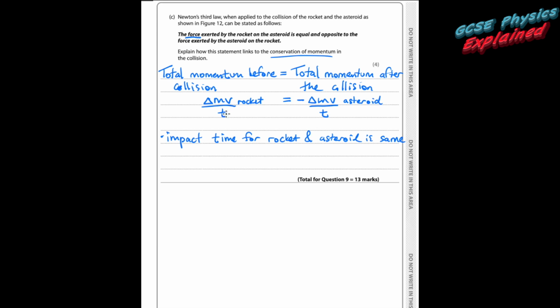So therefore we can eliminate time from the equation, and that's what they've said. Explain how this statement links to the conservation of momentum in the collision. So the change in momentum of the rocket is equal in size but opposite in direction to the change in momentum of the asteroid.